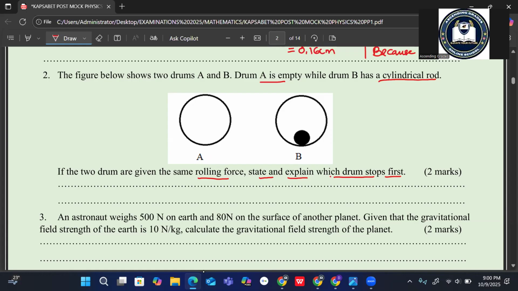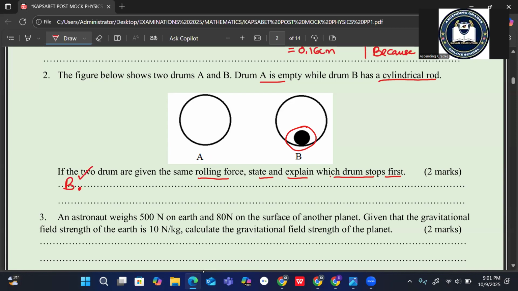B has a smaller moment of inertia due to the mass concentrated at its axis. This will make it move a shorter distance. So we can now start explaining. B stops first. So B is the first answer.